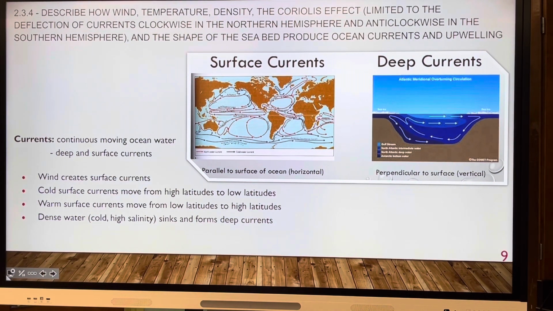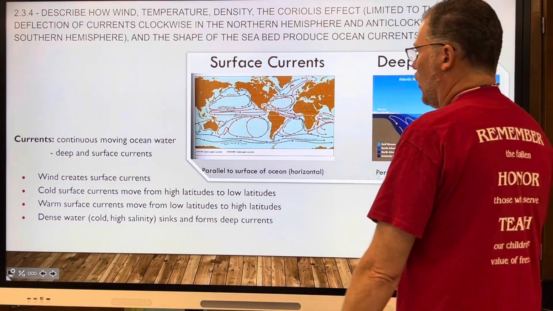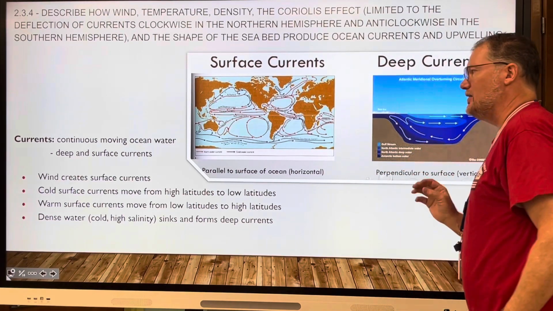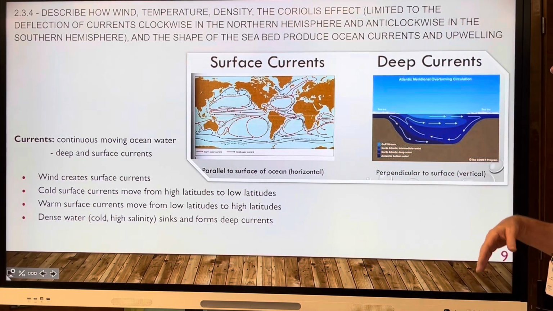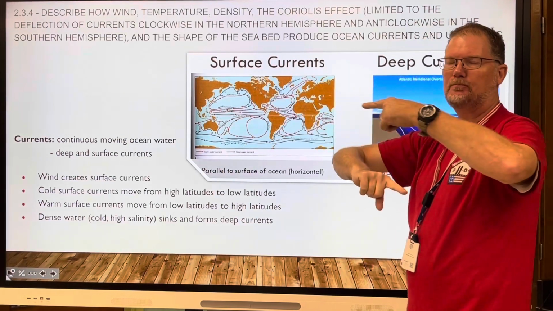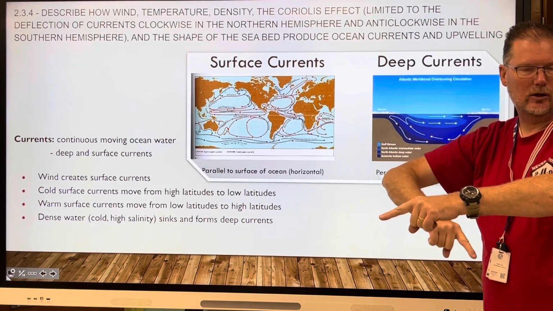Cold surface waters, warm surface currents, and dense, cold, high salinity water sinks and forms deep currents. All of these things are what's driving most of this. Wind does it somewhat, based upon convection currents in the atmosphere as well.